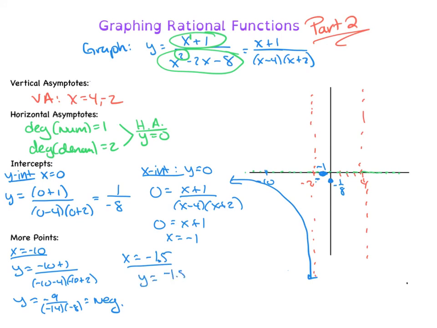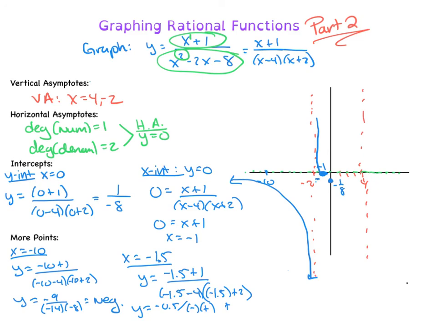So negative 1.5 plus 1 over (negative 1.5 minus 4)(negative 1.5 plus 2) would be y equals, let's see, negative 0.5 divided by a negative and a positive. A negative divided by a negative will give me a positive, so I know the graph goes up.